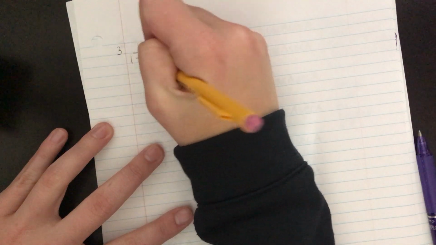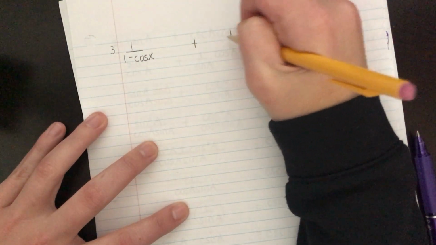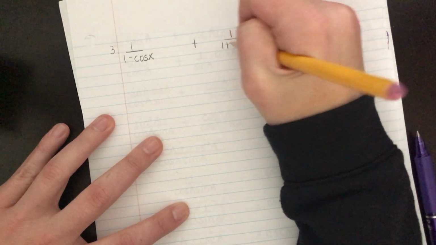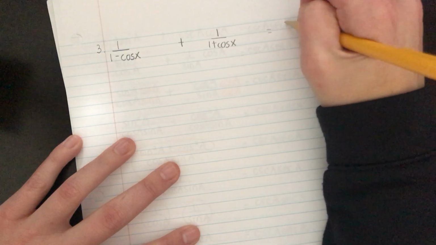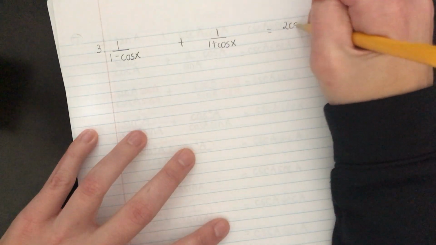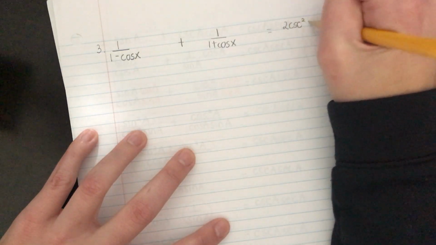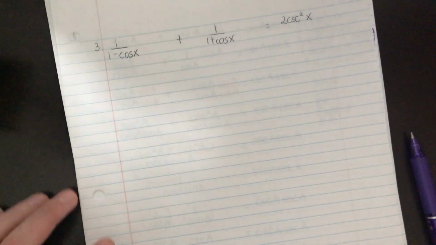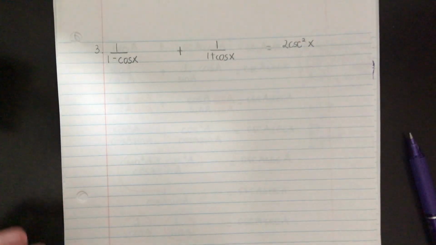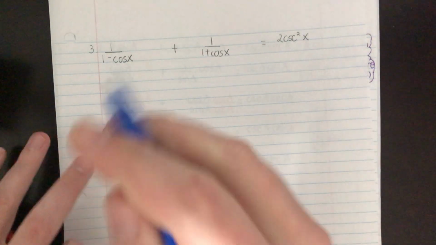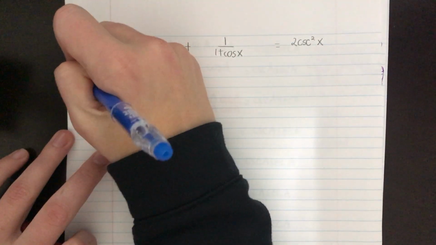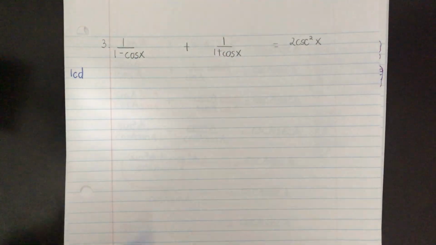1 over 1 minus cosine of x plus 1 over 1 plus cosine of x should equal 2 cosecant squared of x. So again, you want to get that LCD.